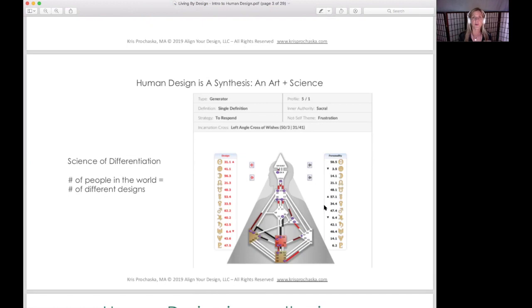So what's really important is understanding that because we have so many different kinds of people and kinds of designs, it's really hard to just lump everybody in. And that's what makes it so amazing, because when you really get how special and unique you are and what your gifts and skills are, then you see how you contribute to the whole.